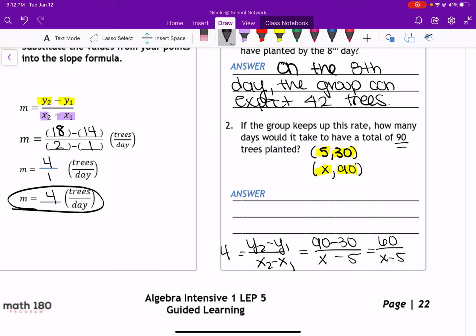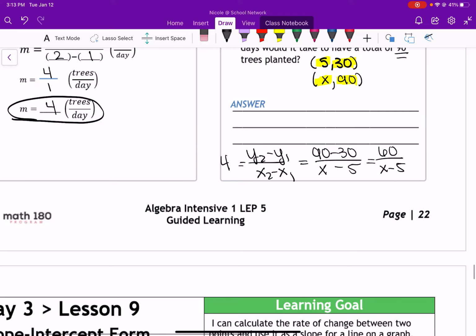So we know that 60 divided by something minus 5 is 4. So solving for that, I'll put it down here. So we have to multiply by the denominator, x minus 5.